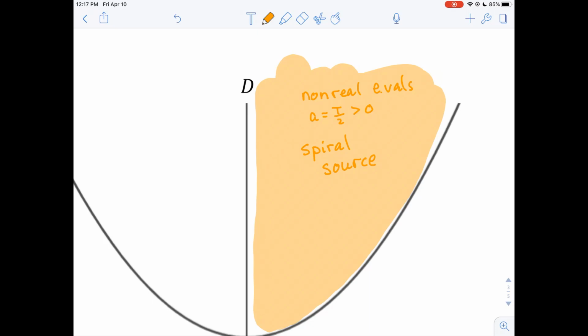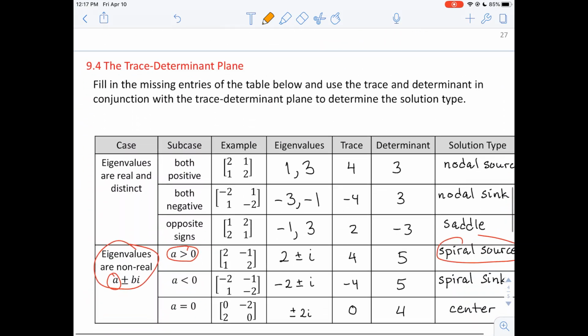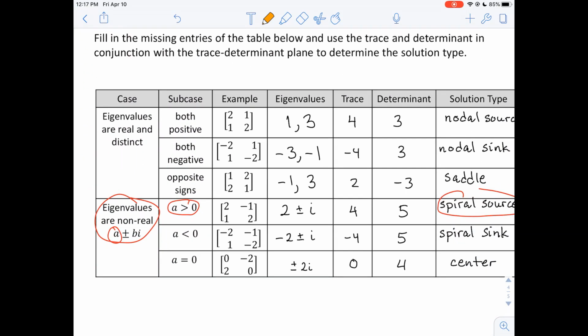That's when the solutions all spiral away from the origin, towards infinity. But when A was negative, and since A is really just the trace divided by 2, so when the trace is negative, A will be negative, and that's going to give us a spiral sink.